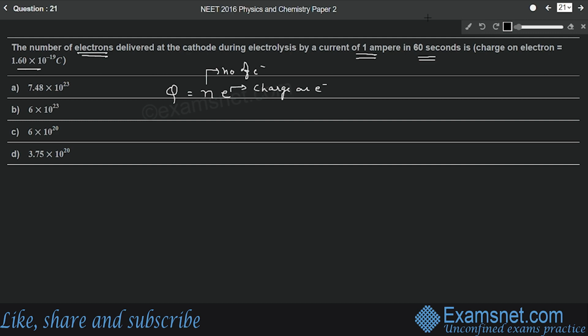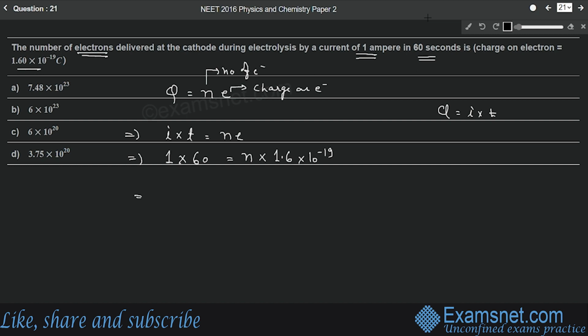Also we know that Q is equal to current into time. Okay, so let's put this, charge Q is equal to current into time, and that is equal to N into e. Now current here is given as 1 ampere, time is given as 60 seconds, number of electrons is unknown, that we have to find out, and the charge on electron is 1.6 into 10 to the power minus 19 coulomb.